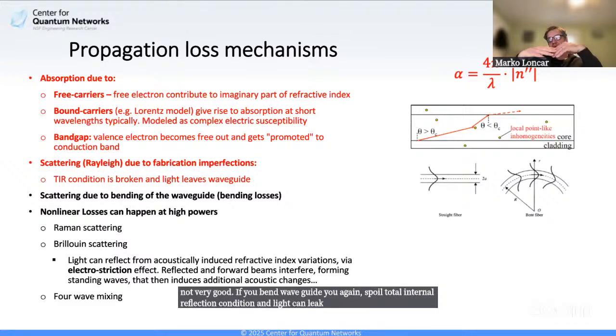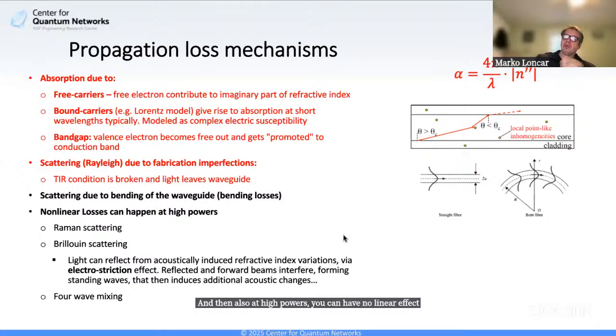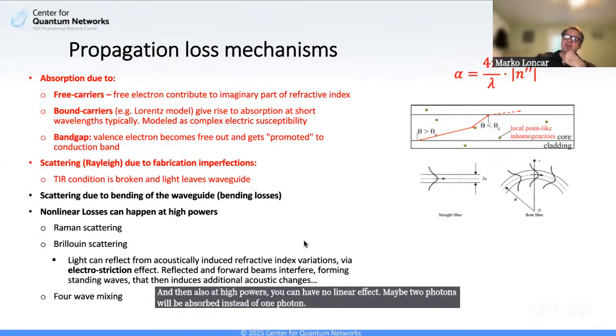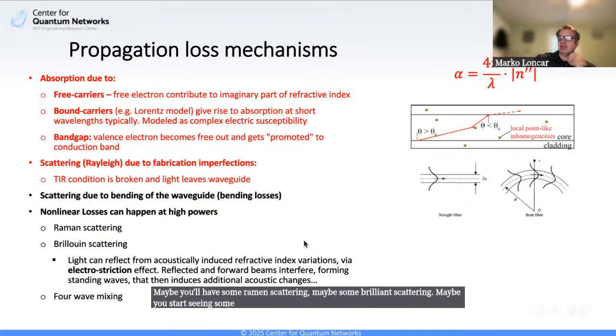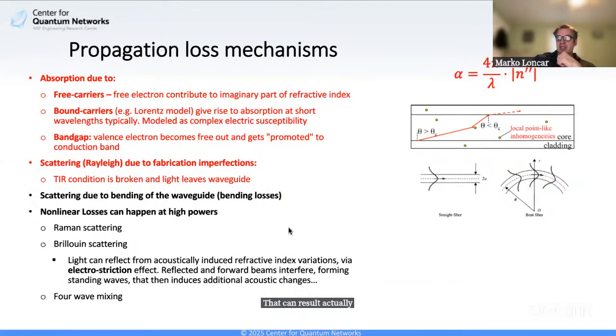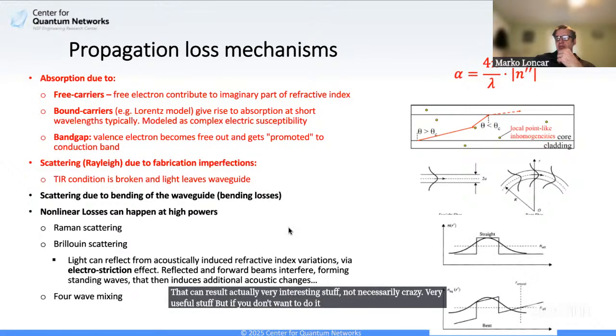So there's a bending radius that you need to satisfy in order not to lose light, as shown here. And then at high powers, you can have nonlinear effects. Maybe two photons will be absorbed instead of one photon. Maybe you'll have some Raman scattering, maybe some Brillouin scattering. Maybe you start seeing some four-wave mixing, Kerr lensing, all kinds of crazy stuff. Actually very interesting, very useful stuff, but if you don't want it, then it's not useful at all.